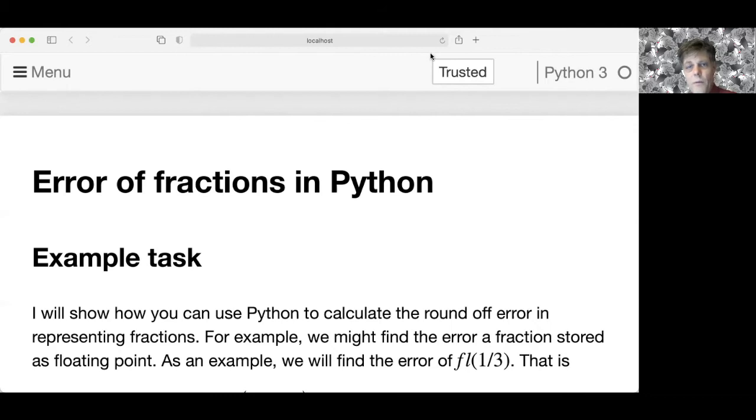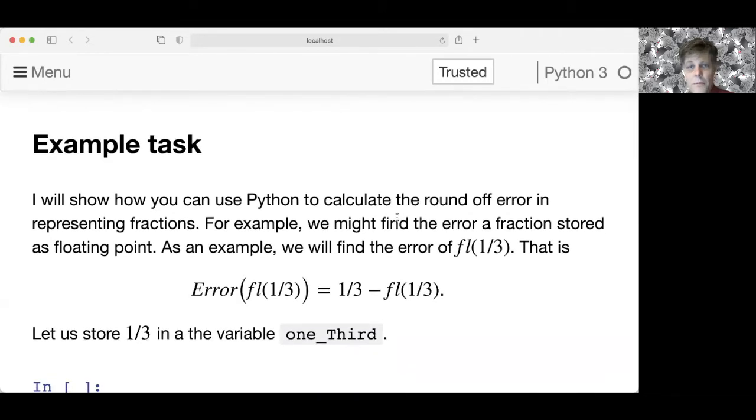As an example, we will find the error of the representation of 1/3, also written FL of 1/3, which means floating point of 1/3. The error is defined as the exact value minus the computed value, which we have here: 1/3 minus FL of 1/3.